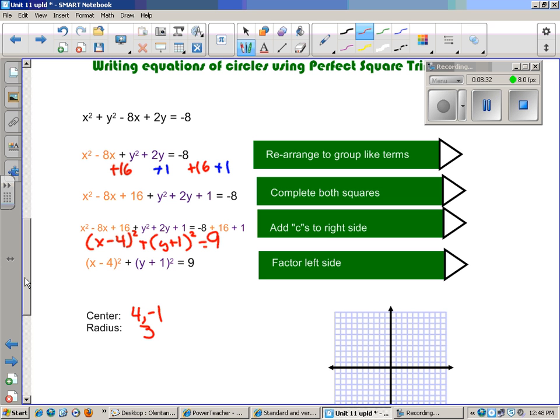So from that equation, I can graph the center, 4, -1, and then up 3, left 3, down 1, 2, 3, right 1, 2, 3. So there's my equation, my graph. Kind of cool, huh? Are you laughing at me? I think it's kind of cool.